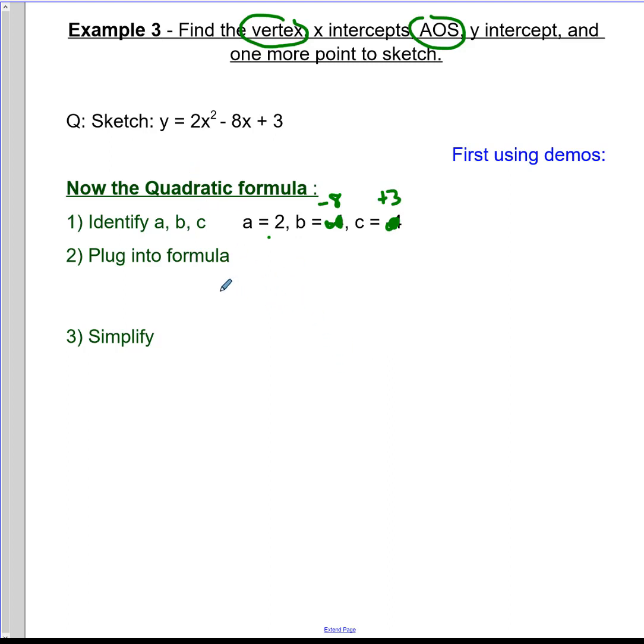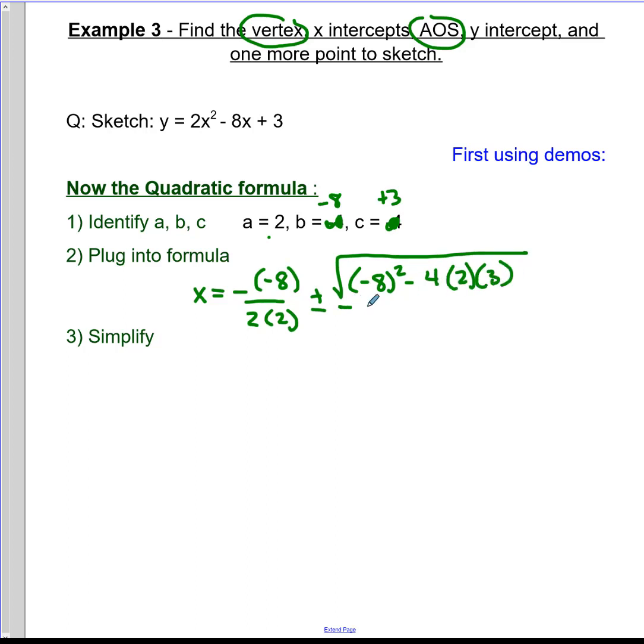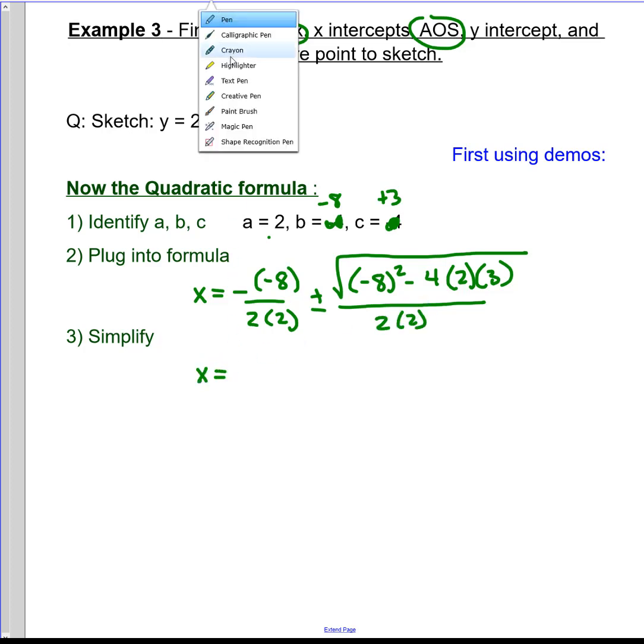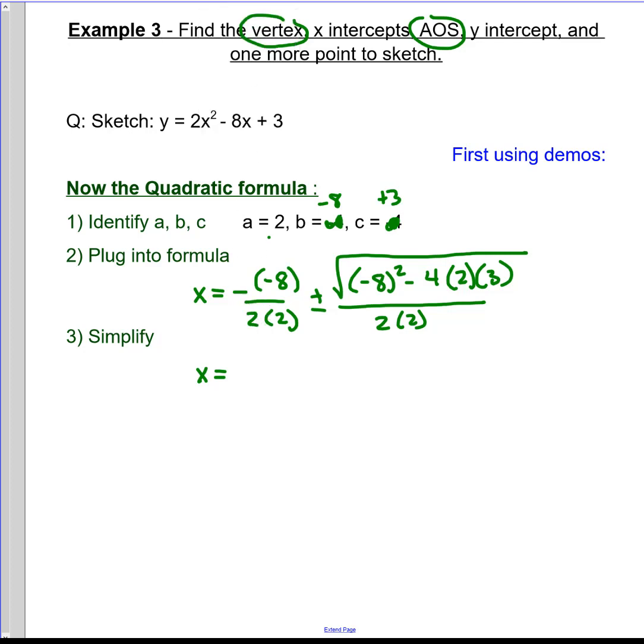Okay, so real quick, x equals minus b over 2a, a is 2, plus or minus the square root of b squared minus 4ac, all over 2a. Let's see right away what's going to happen.